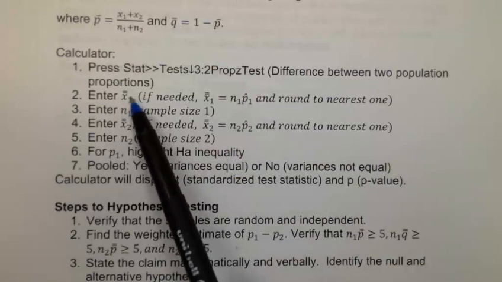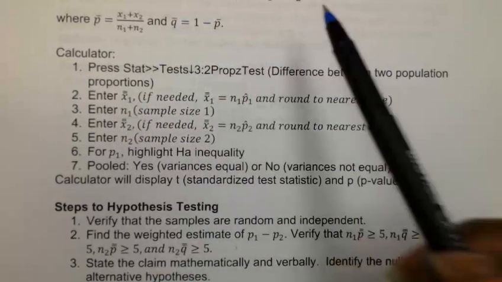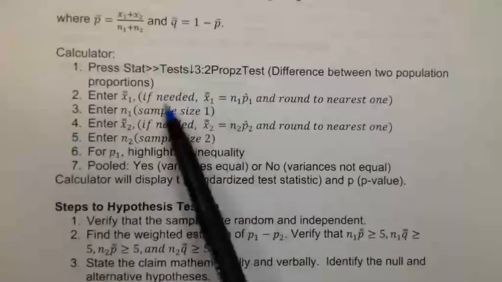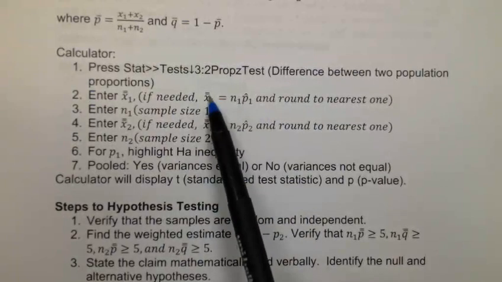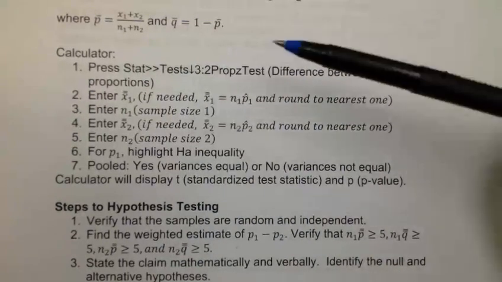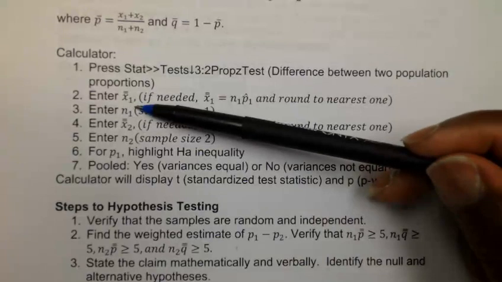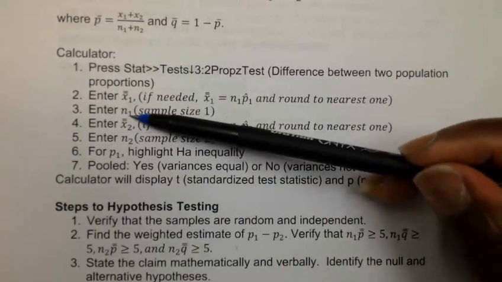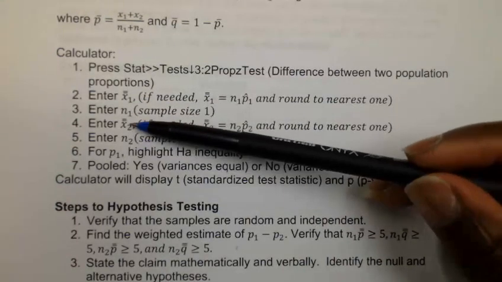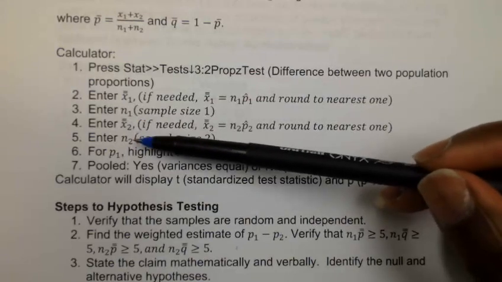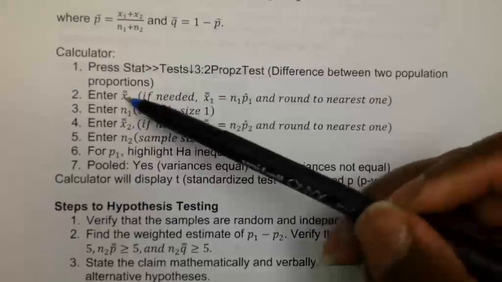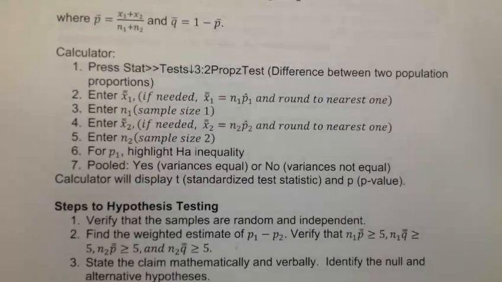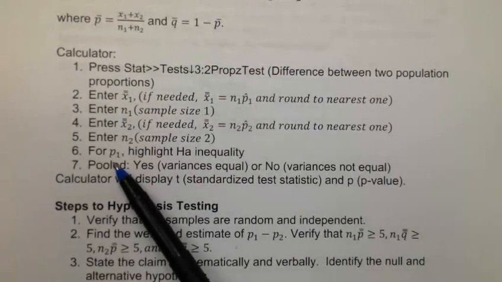Remember, many times they'll give you p hat, but sometimes they'll give you x and n. If they don't give you x and n, you're going to use n1 times p hat 1 to get your x1. And we have an example of that, of course. So in the calculator, x1, n1, and then x2, n2.